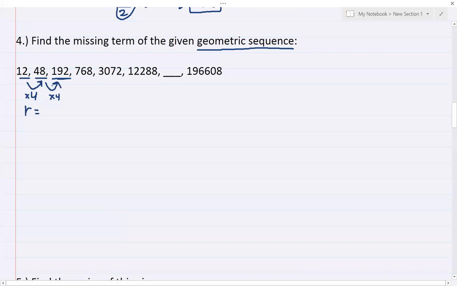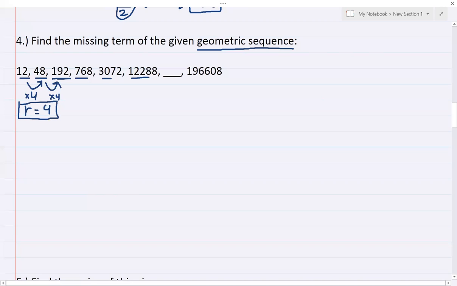So as you can see, if we proceed further and further, we will simply multiply the previous term by 4 just to get the next term. That's how you get your next term. So that means your ratio is 4.